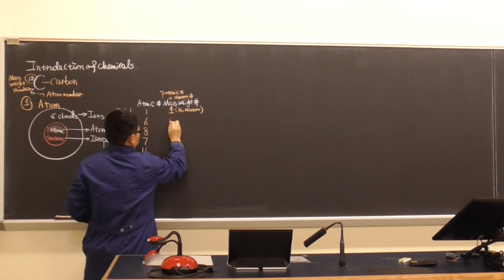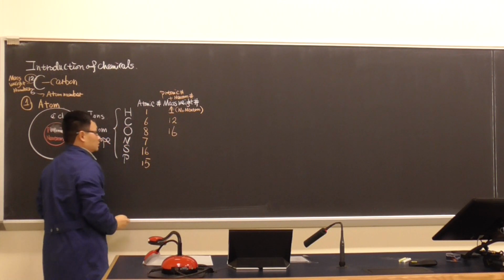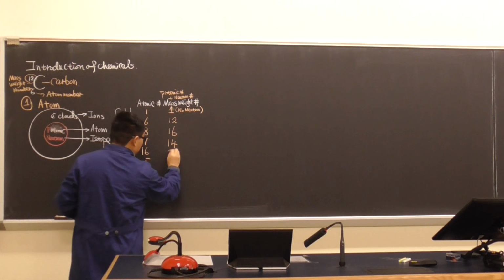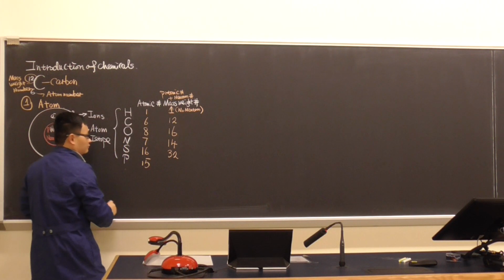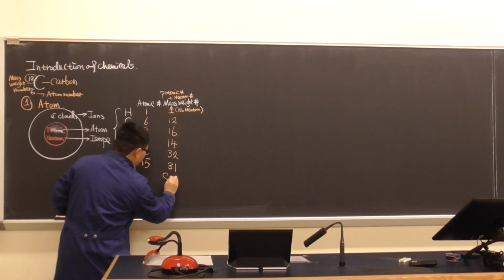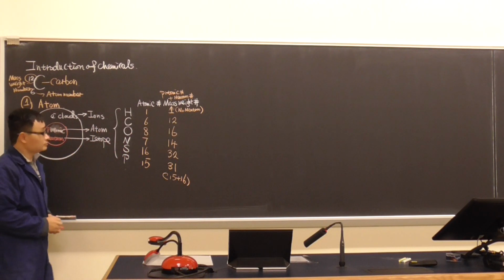What is carbon? 12. Oxygen, 16. Nitrogen, 14. Sulfur, 32. Phosphate, 31, because this is 15 protons and 16 neutrons.